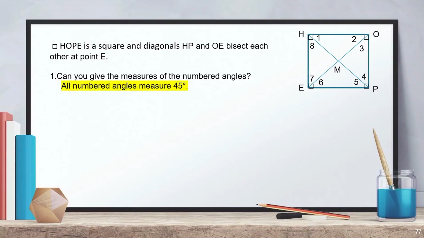Very good. All numbered angles measure 45 degrees since diagonals of a square bisect opposite angles. Since each angle there is 90 degrees, if we divide 90 degrees, that is equal to 45 degrees. Very good.